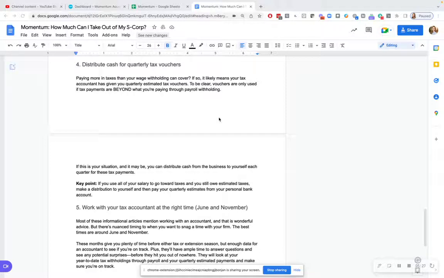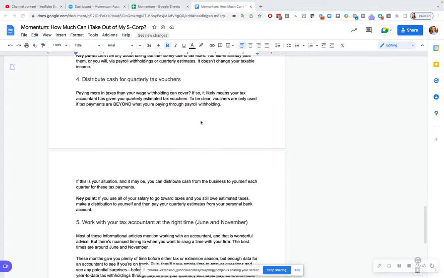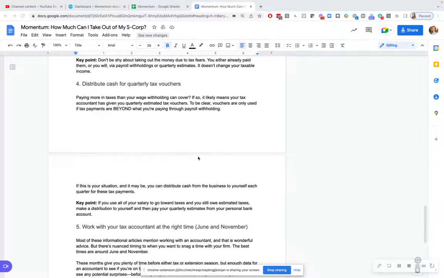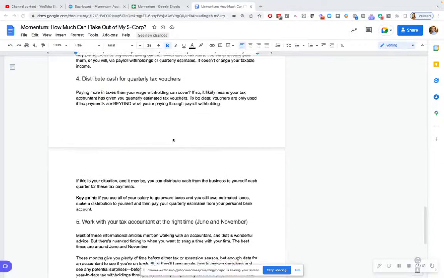So you can either pay the tax vouchers directly out of your business, and that'll just get coded as a distribution, or you can distribute that money to yourself and then pay it from your personal account. Either way, it's a personal tax payment. It's not a business tax payment. So your accountant will know how to recognize that and make sure it doesn't get misclassified as an expense or something.